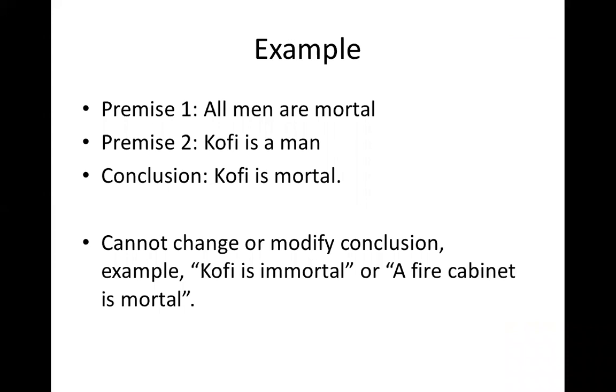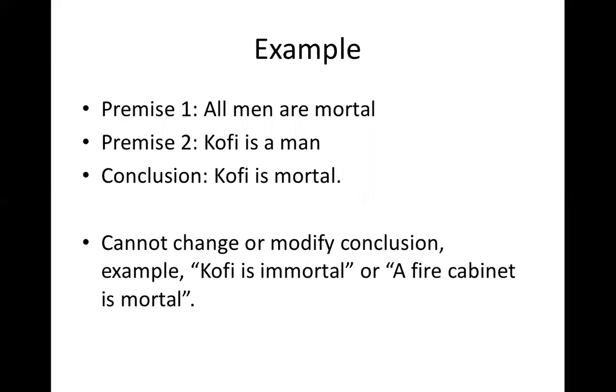We already have 2 terms, so we have to arrange them to form the conclusion. One is going to be the subject and one is going to be the predicate. Premise 1, all men are mortal. Premise 2, Kofi is a man. Premise 2 will show you which term is going to be the subject or the reference class of the conclusion.